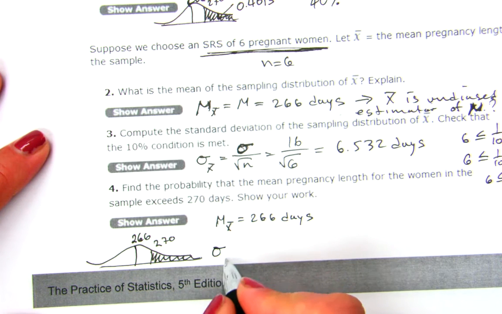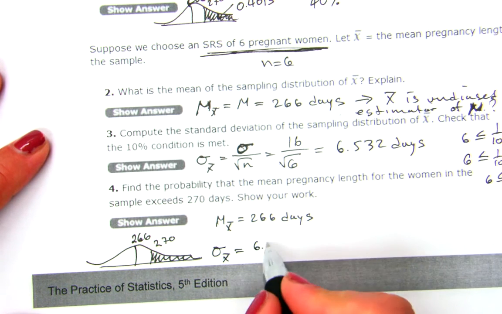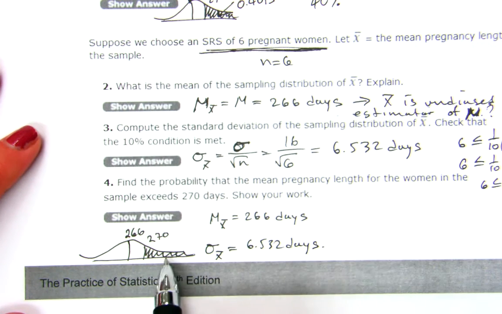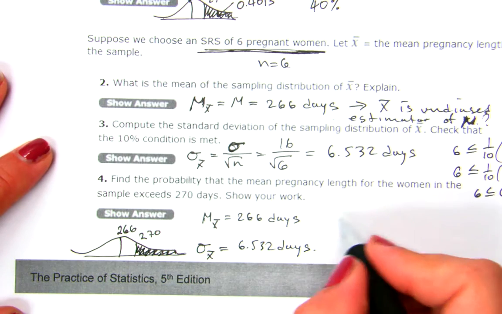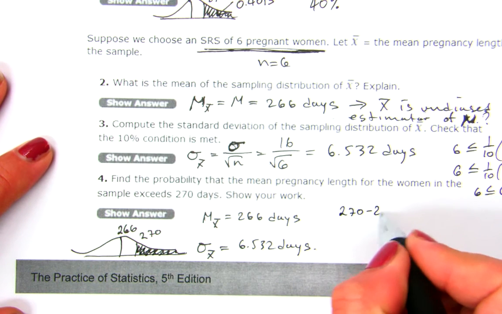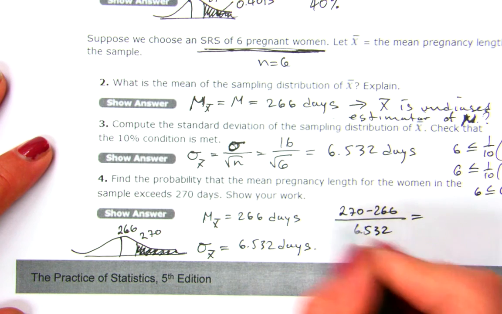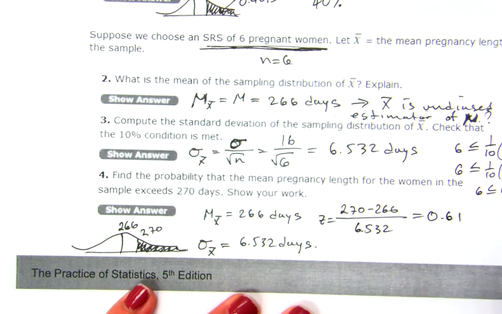We found our standard deviation of X bar is now 6.532 days. So we want the probability that it exceeds 270. So 270 minus 266 divided by 6.532 gives us a z-score of 0.61.